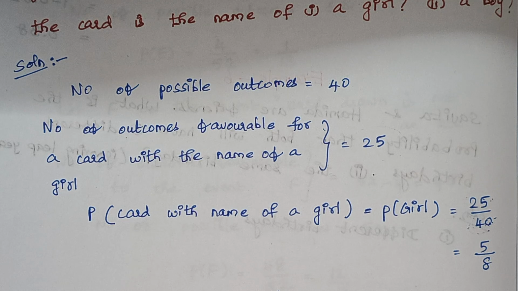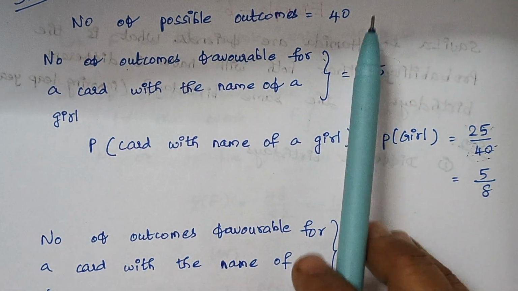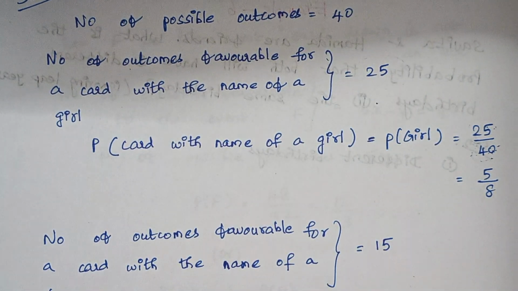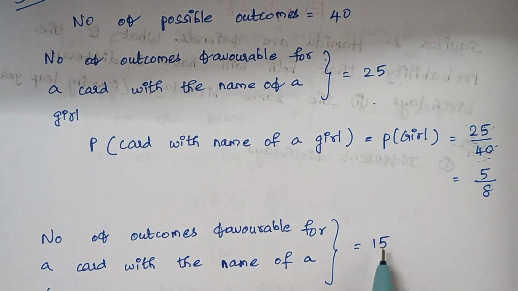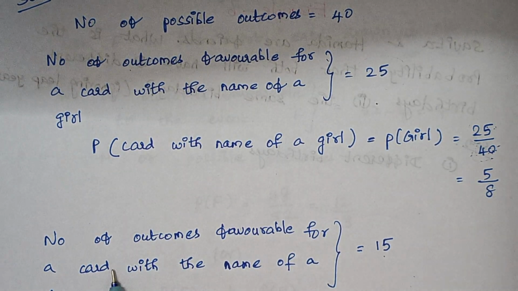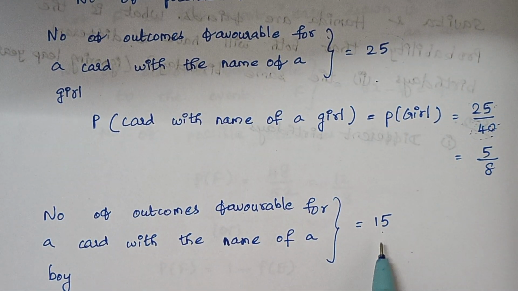Now we are going to find the probability of selecting a card with a boy's name. The number of possible outcomes is again 40, because there are only 40 students in the class. How many boys are there? There are totally 15 boys. So the number of outcomes favorable for a card with the name of a boy is 15. So what will be the probability?